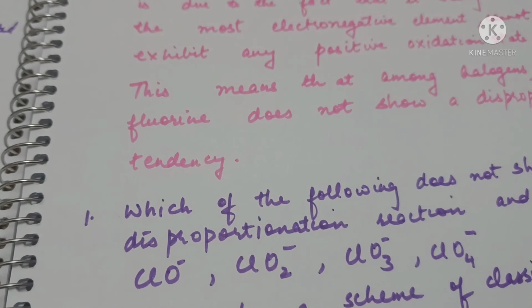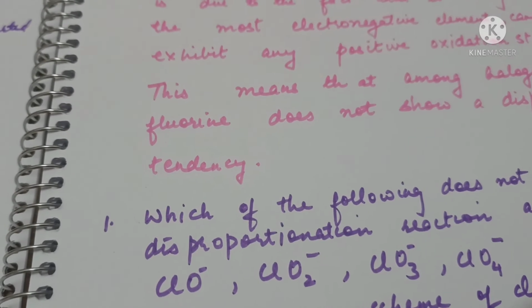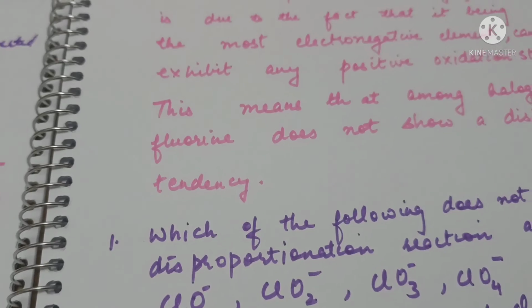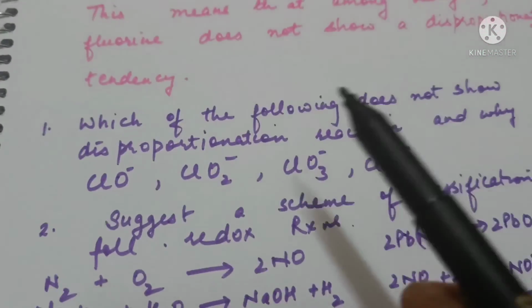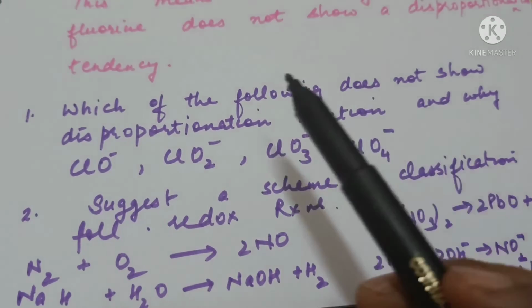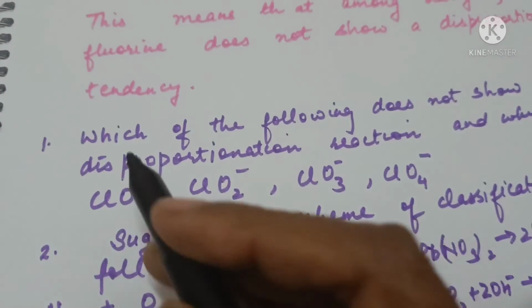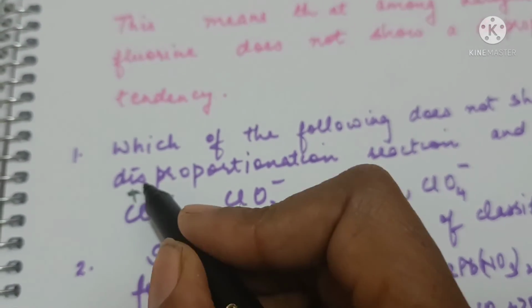So these are the four kinds of redox reactions: combination reactions, decomposition reactions, metal and non-metal displacement reactions, and disproportionation reactions. Using this knowledge, we can solve the following questions. Which of the following does not show disproportionation reaction? So here, in hypochlorite ion, the oxidation state of chlorine is +1.